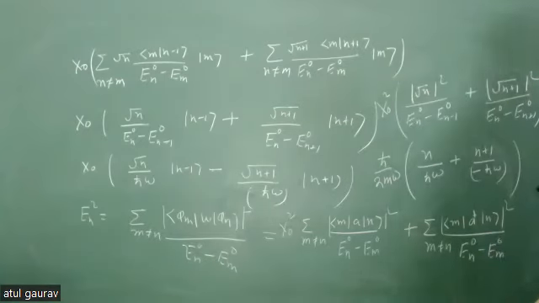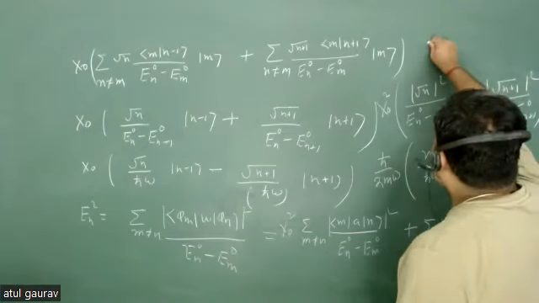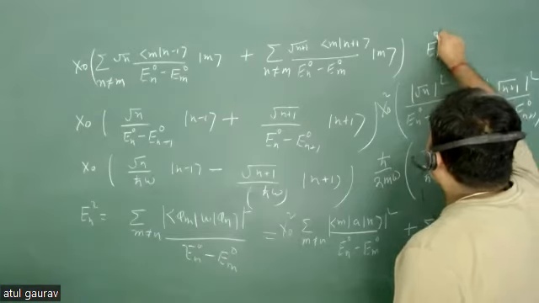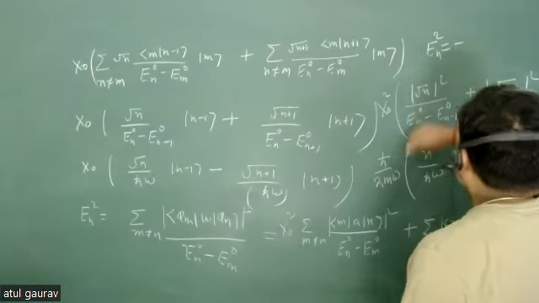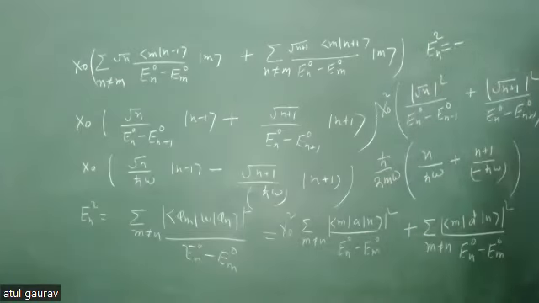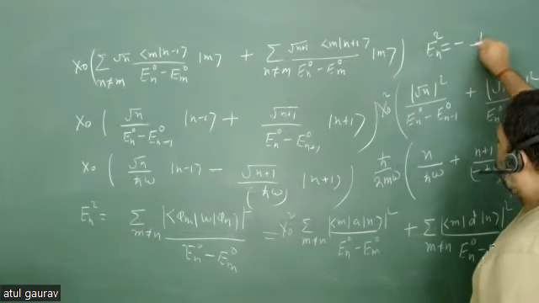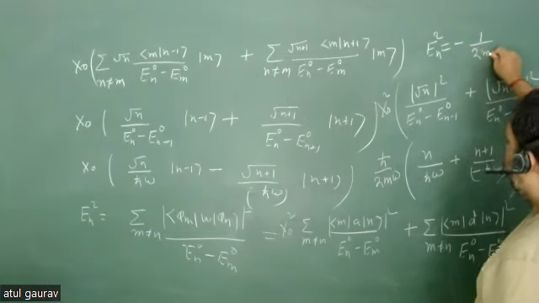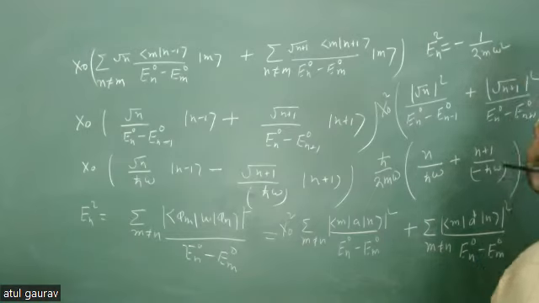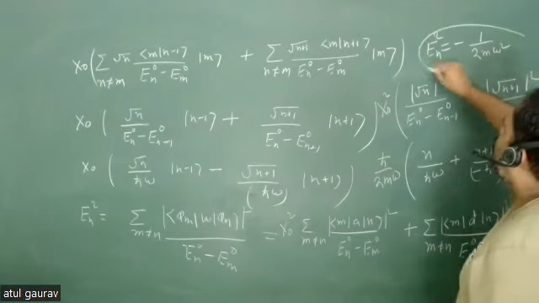H cut cancel, 1 upon 2m omega. Minus sign आ जाएगा ना? So this will be, I think, En2 is equal to minus, and then what will be there? 1 upon 2m omega square. सही लिखा हूं? You can just check.